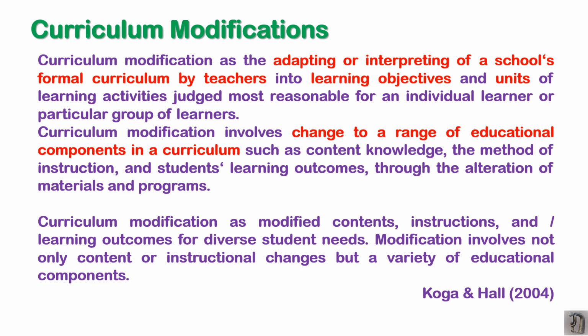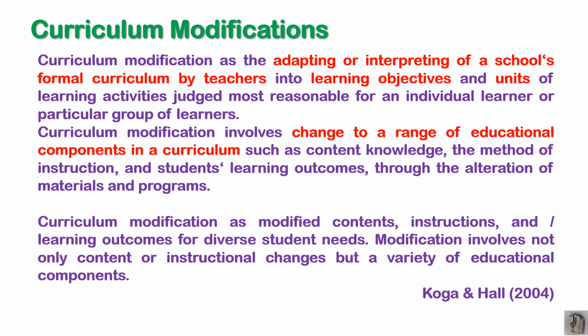A teacher, a special educator. In the form of learning objectives, unit, content, topic or activities, so that it can be most reasonable for an individual with special education need or a particular group of learners, so that it can be very easy.